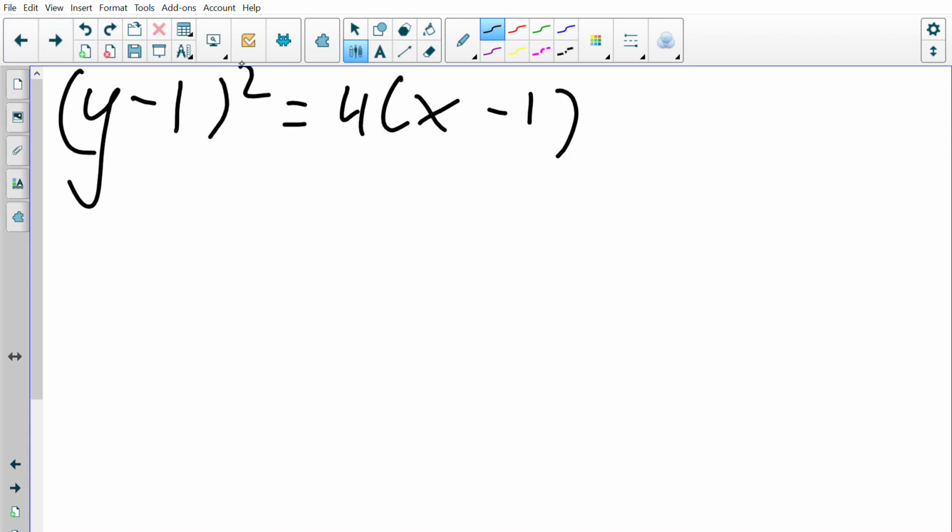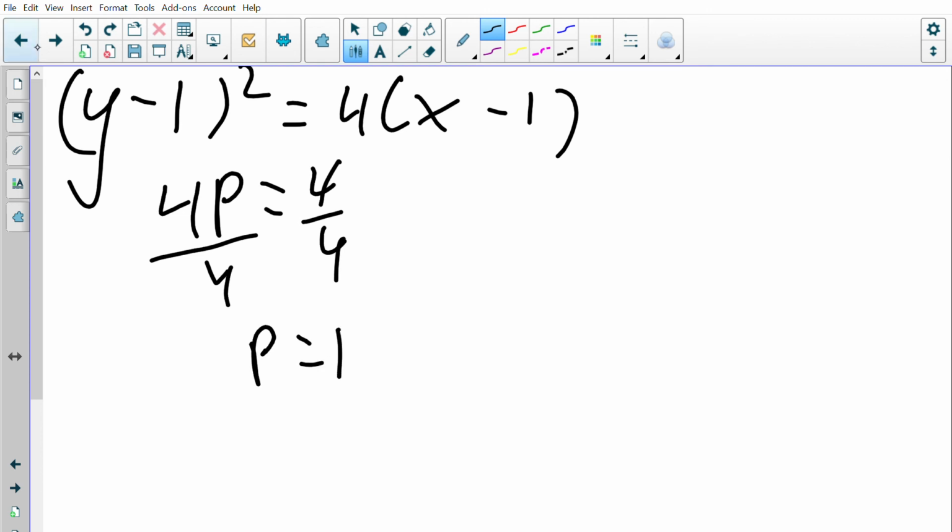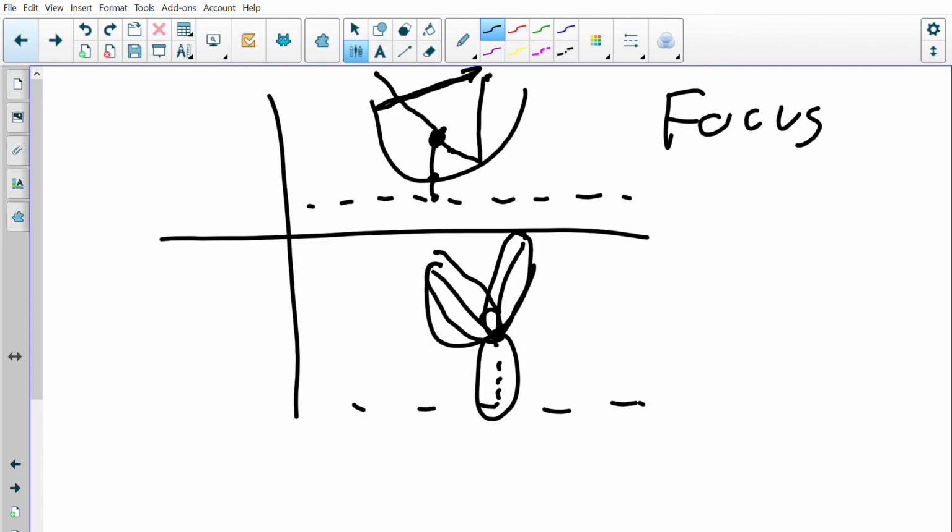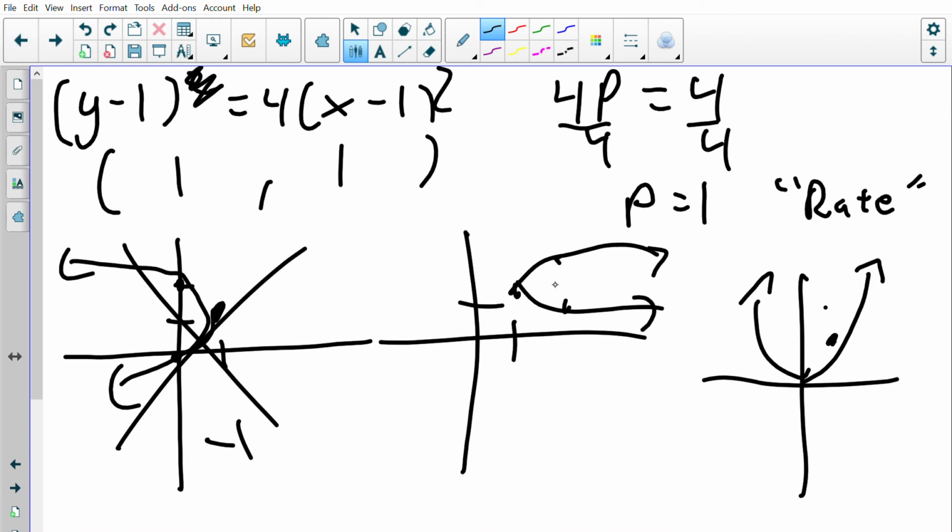So again, we want the square all by itself on one side, which is good. And then we're just going to take this number in front of the x. So 4p is equal to 4, divide by 4, divide by 4. So p is equal to 1. So that means our focus is 1 in front of the vertex. Our directrix is 1 below it over there.